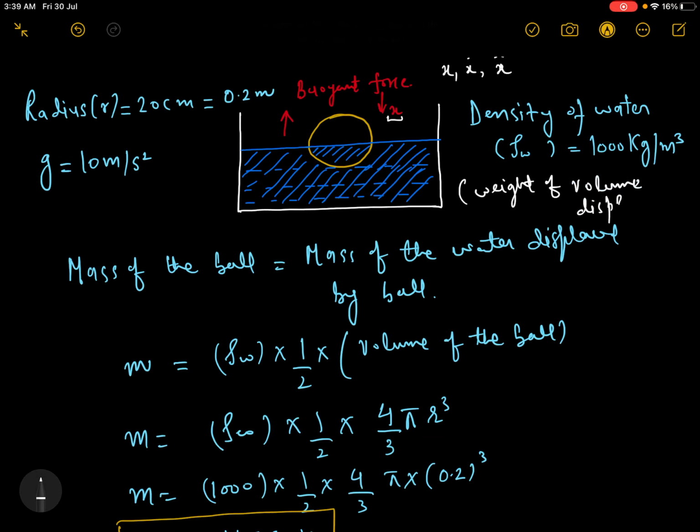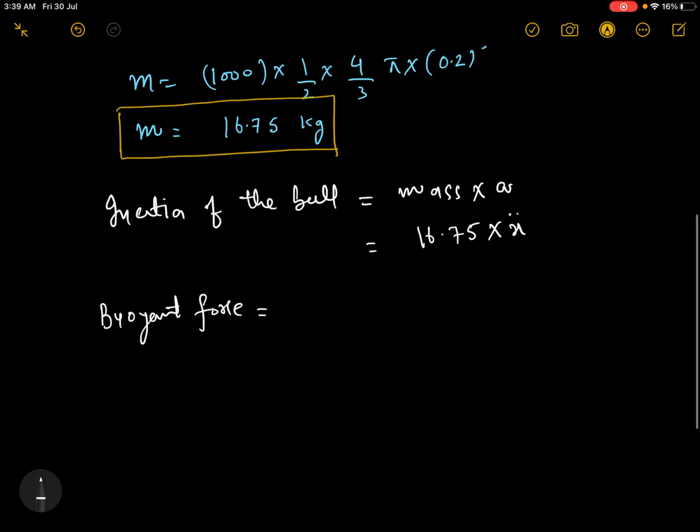So now let's calculate the buoyant force. It will be equal to the weight of water displaced.